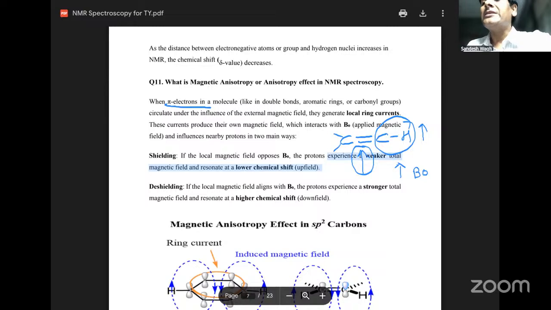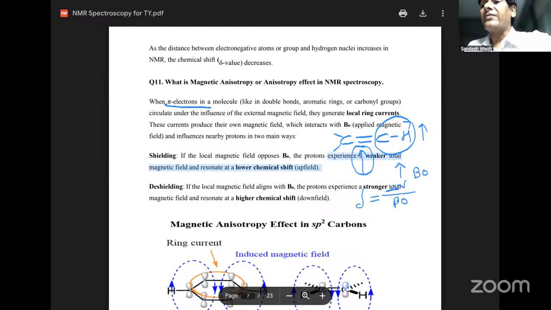The chemical shift, or chemical delta value, is the ratio of the frequency difference, that is the change in frequency, to the instrumental frequency. That means the applied magnetic field or the radio frequency, because they are directly proportional.